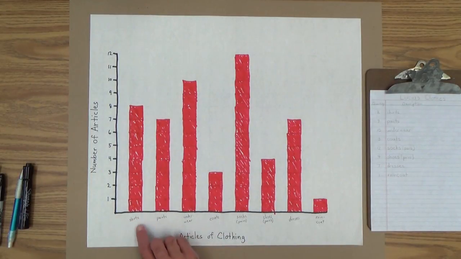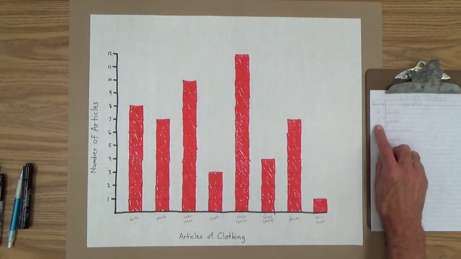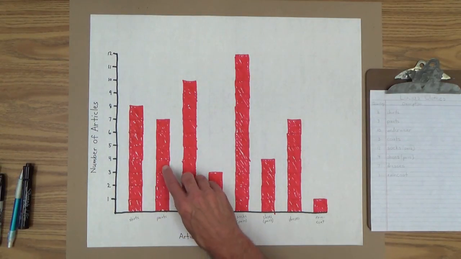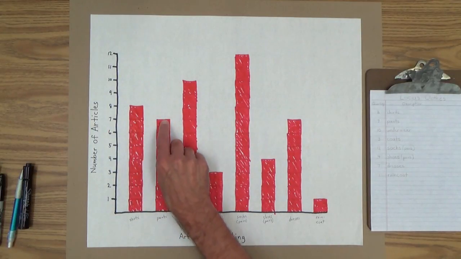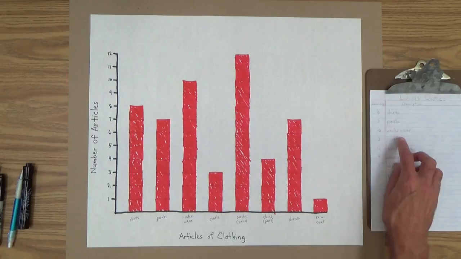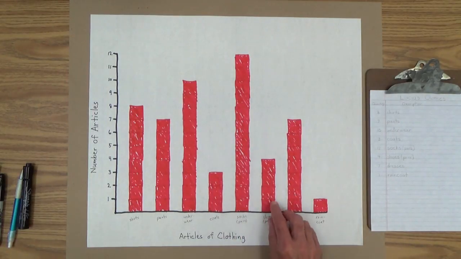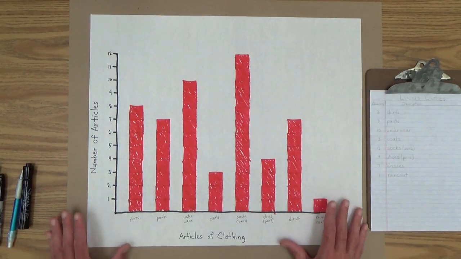Remember, we started with shirts, then I moved on to pants, and I looked over here, and the quantity of pants was 7. So 1, 2, 3, 4, 5, 6, 7, and there that confirms that bar goes up to 7. And I went to each item and made a bar for each one. And this is how it looks when you're all finished.